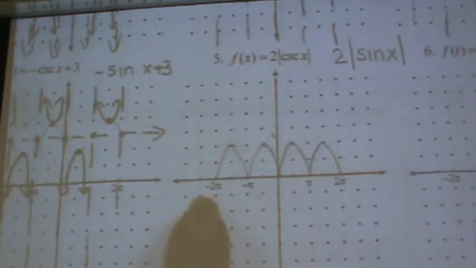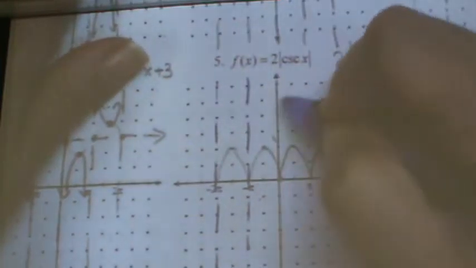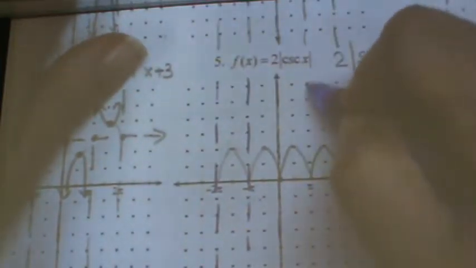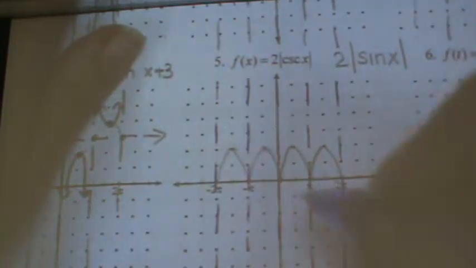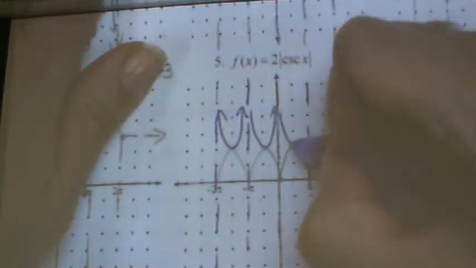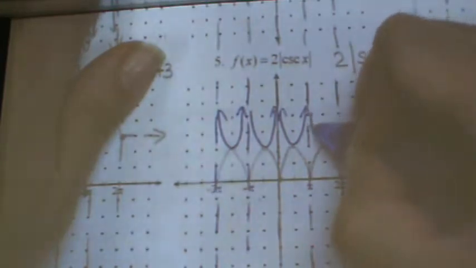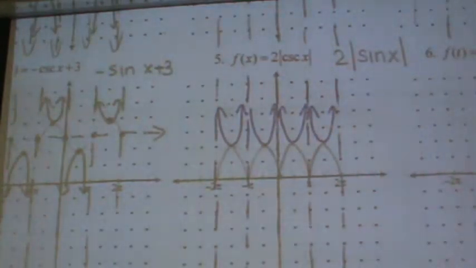So, where are your zeros gonna be? Here, here, here, here, and there. So now what does your actual answer look like? That? Yeah. You get this? Yes. Okay, let's do another one.